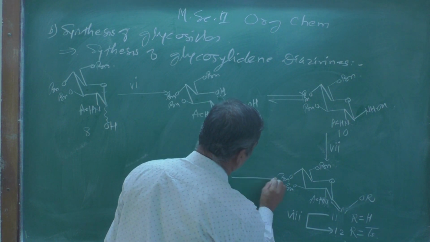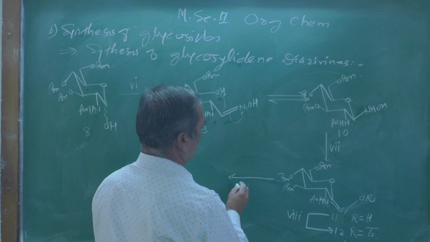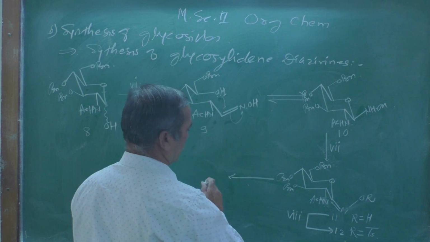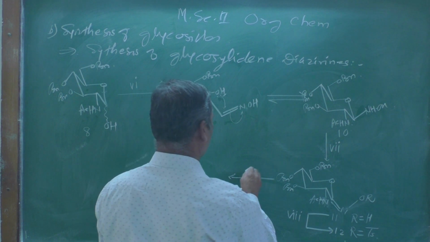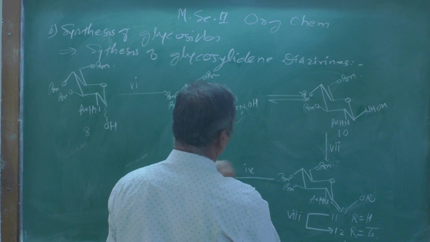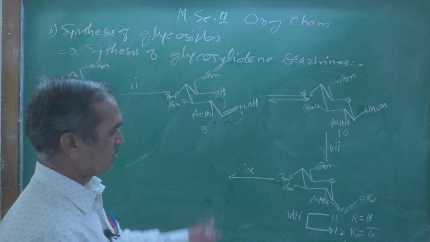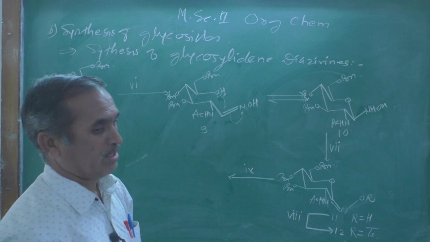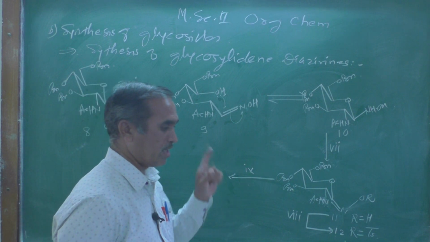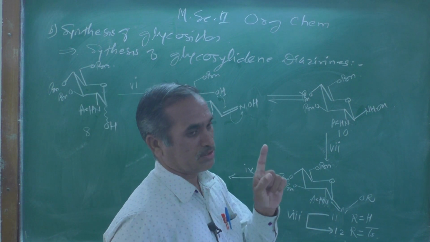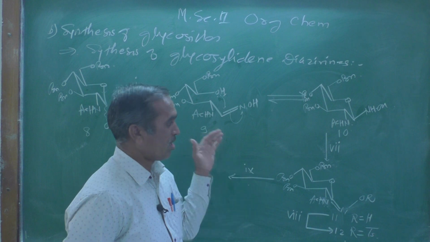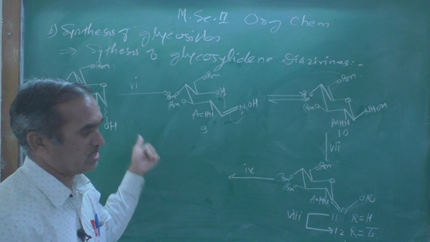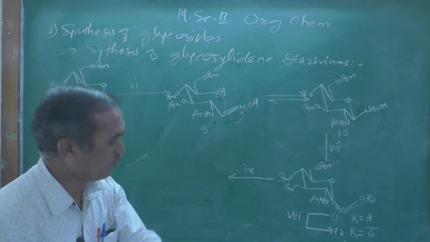And that structure number 12 now will be treated with the reagent number 9 over here. Look at these numbers, it is nothing but a reagent, and I already told you that the details of that reagent, after completion of this scheme, we will see.